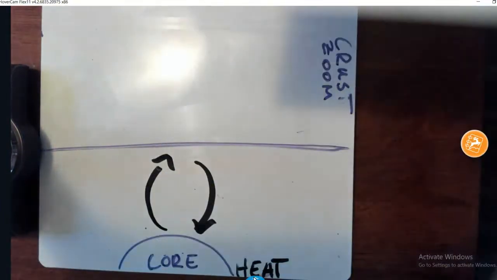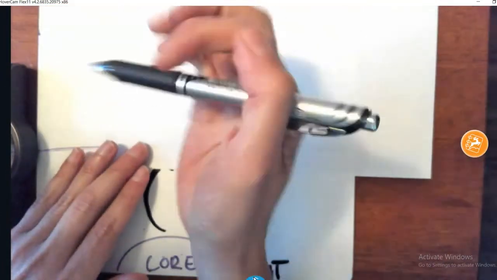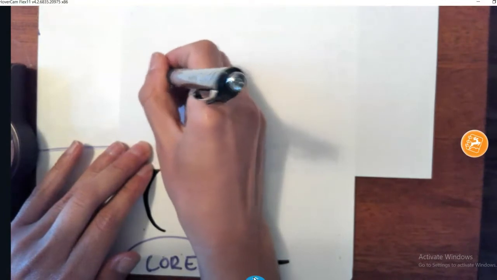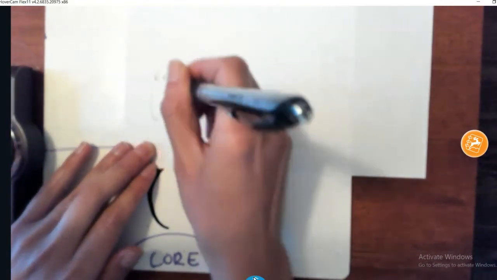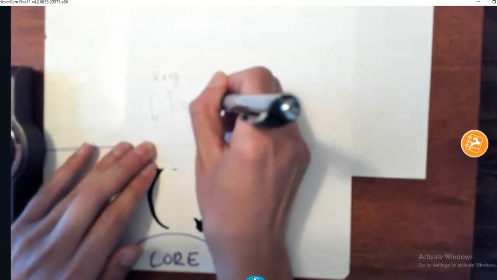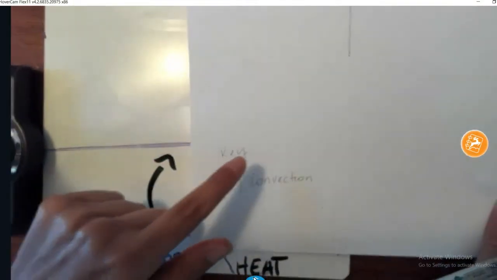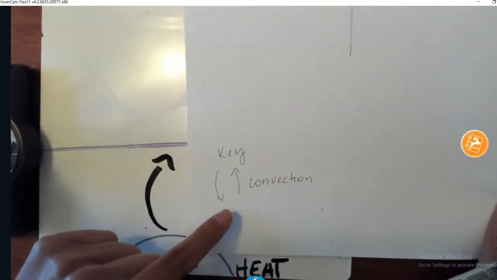I'll use this as my key. There we go. So I would do a key over here where I put this as convection. So again, trying to make things as clear as possible. Okay, so I'll have a key where I show that this is convection.